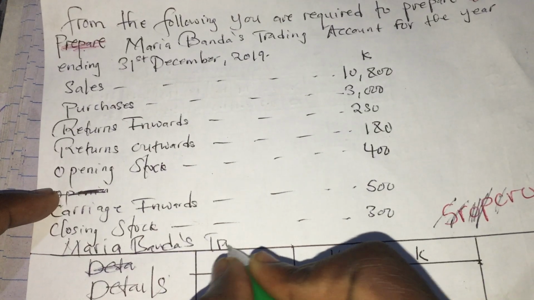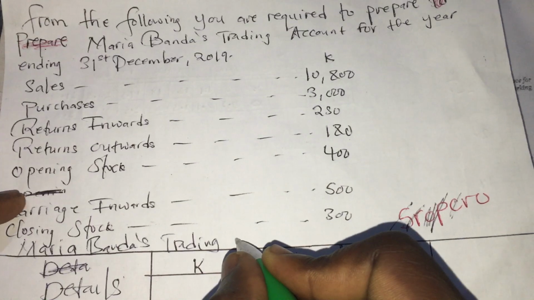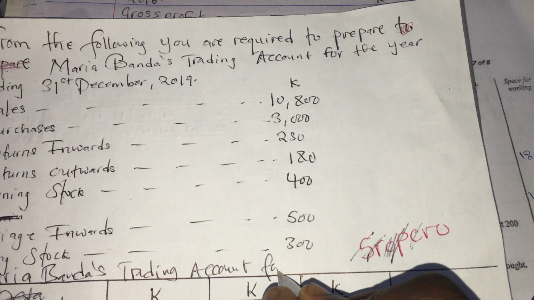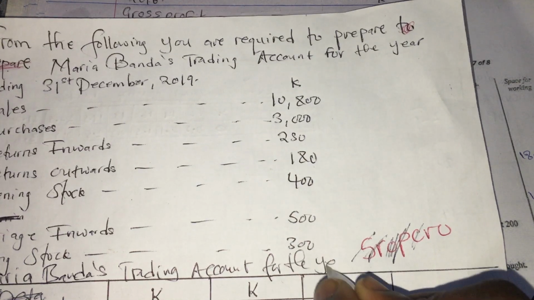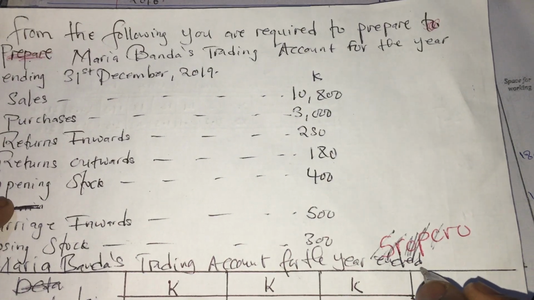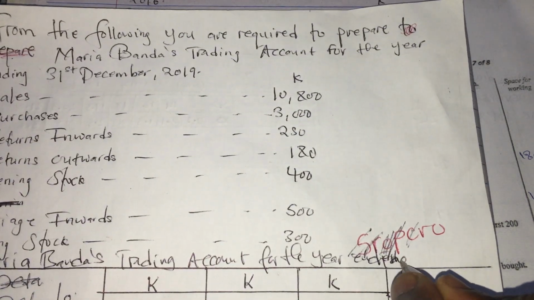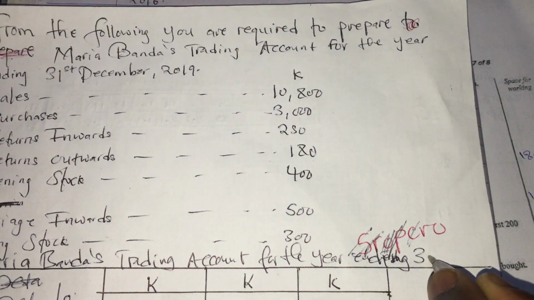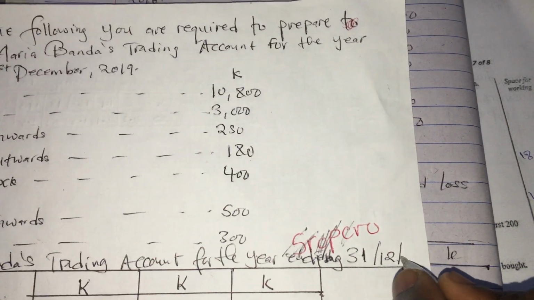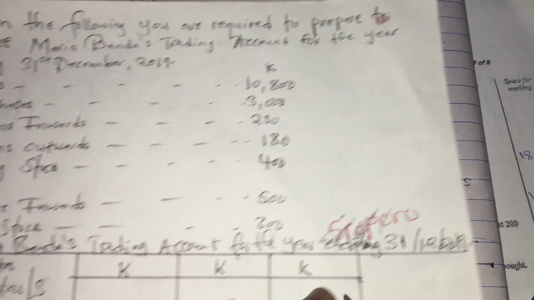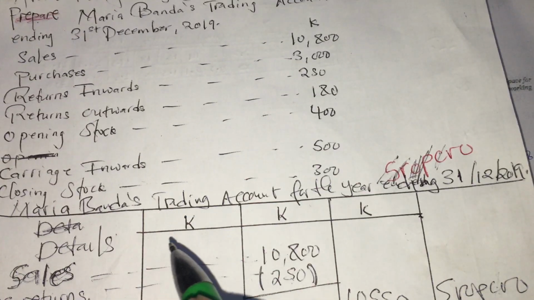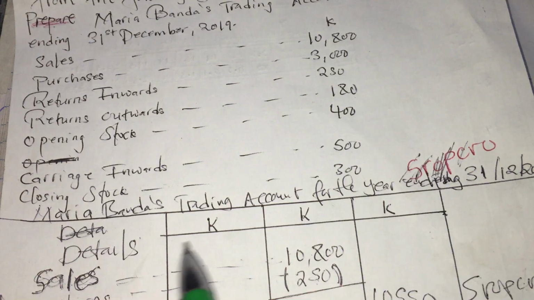Trading account for the year ending, just write it like this, 2019. So 12 here simply means the last month of the year, which is December. All right. So this is how we indicate it.